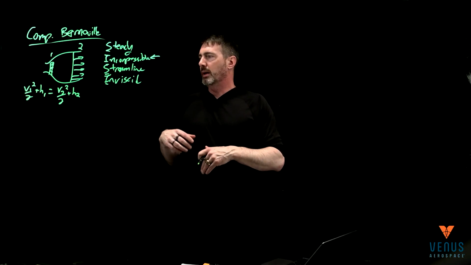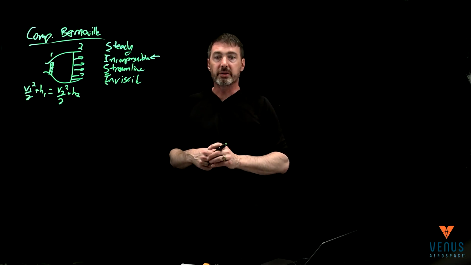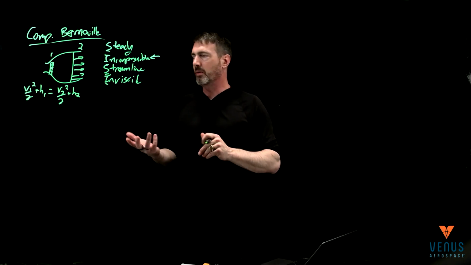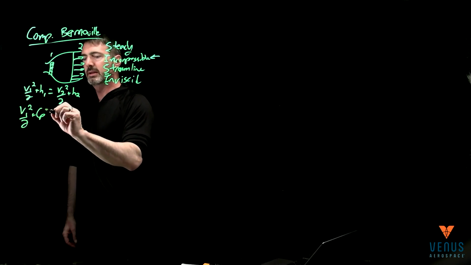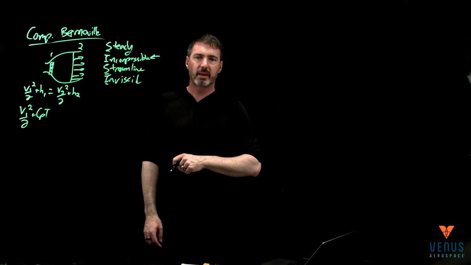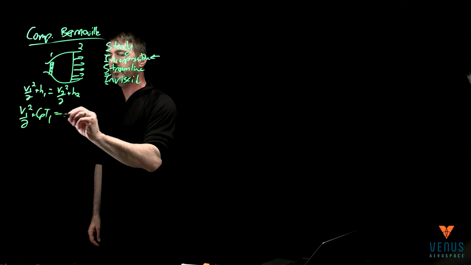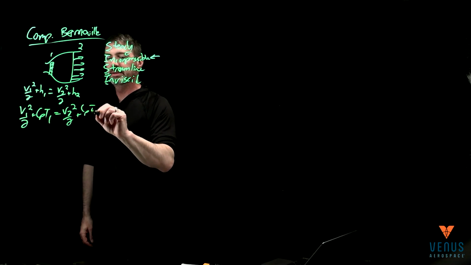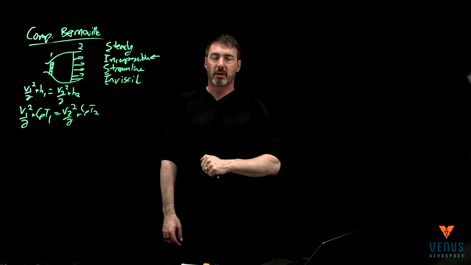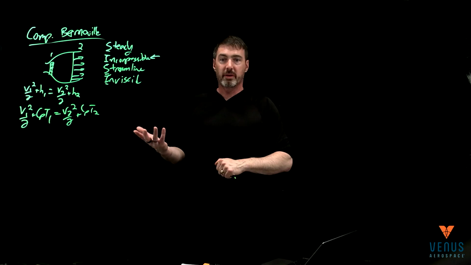And so we're now going to apply our ideal gas relations and know that this is really just V1 squared over 2 and then the c_p T, right? Specific heat times temperature 1 is equal to V2 squared over 2 plus c_p T2. All right, but I don't want it in terms of temperature, I want it in terms of pressure.